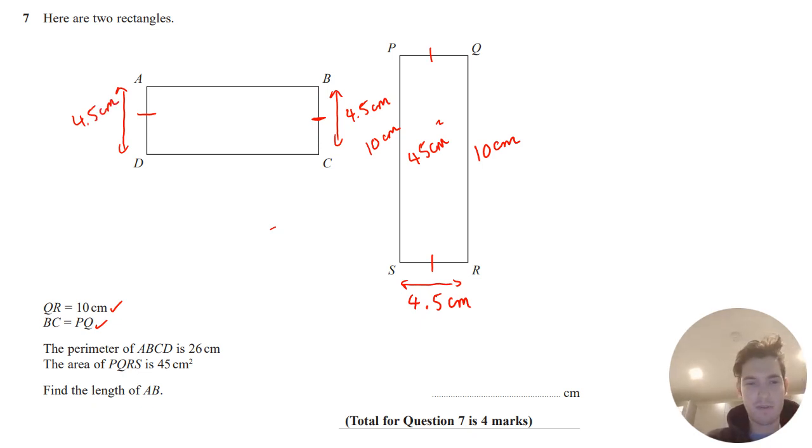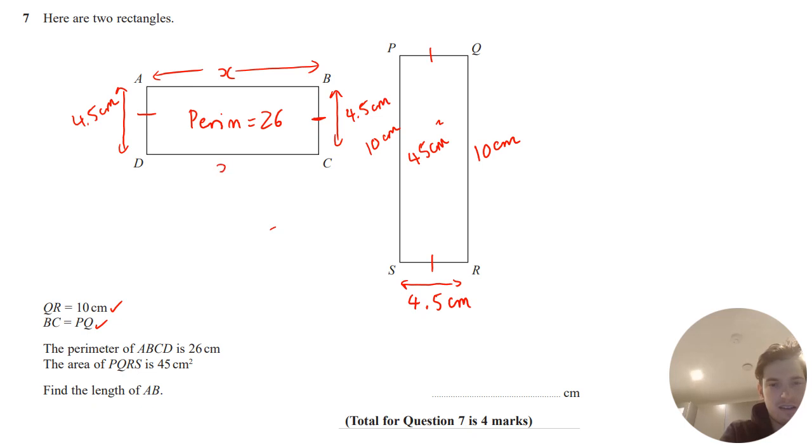And I know that the perimeter of ABCD was 26. I think I can work out the length of AB. So let's call that length x. This length is also x. And I can set up an equation for perimeter.